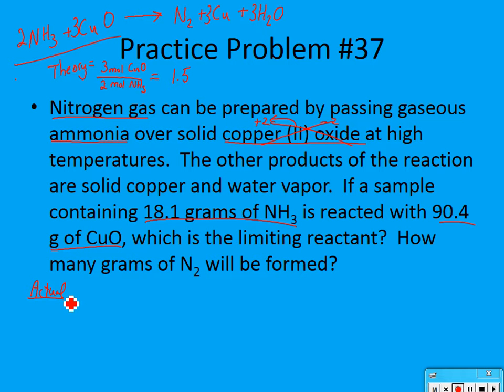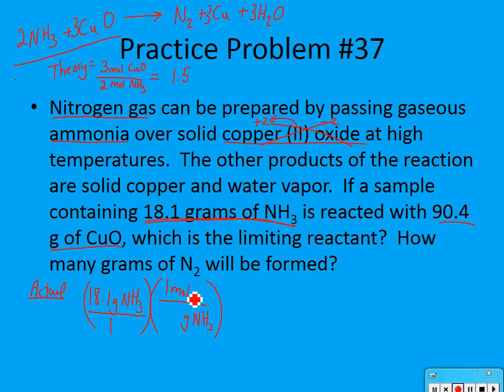Okay, we're starting with 18.1 grams of ammonia. Because this was a mole ratio up here, I need a mole ratio of my actual reactants. So I'm going to try and convert this to moles now. If grams of ammonia is on top, we know that grams of NH3 goes on bottom.